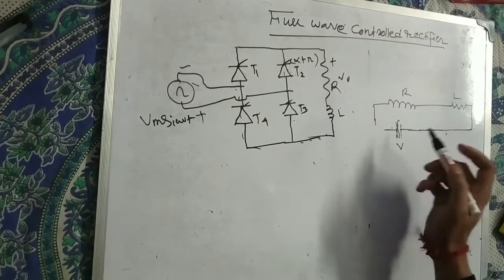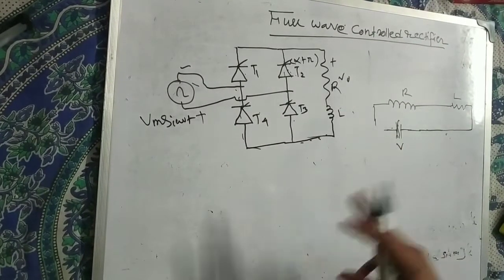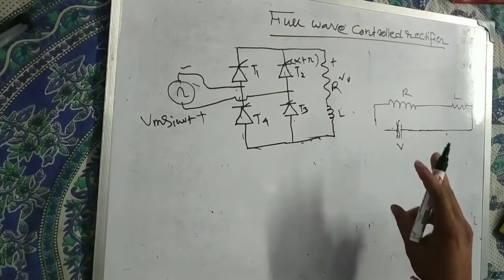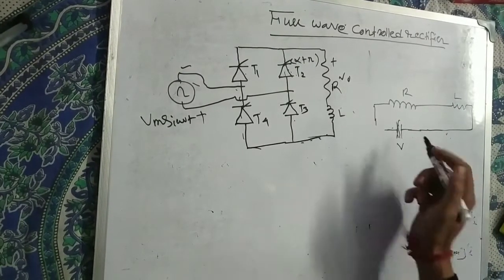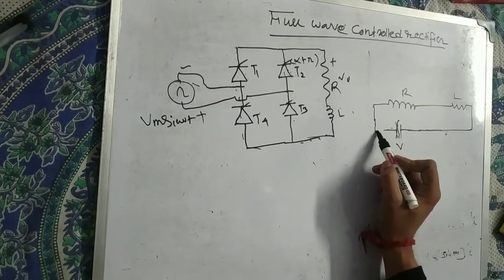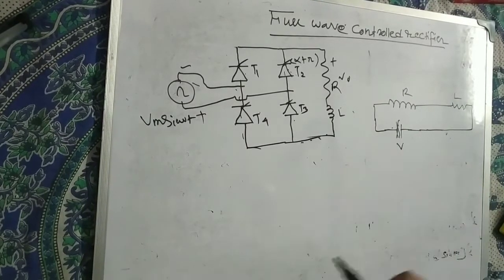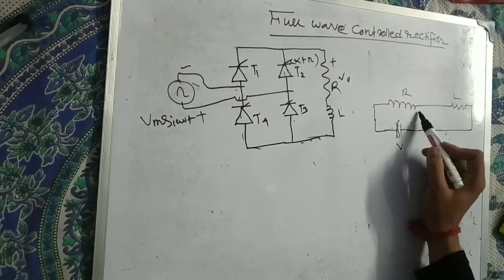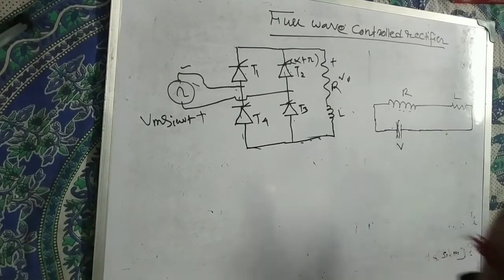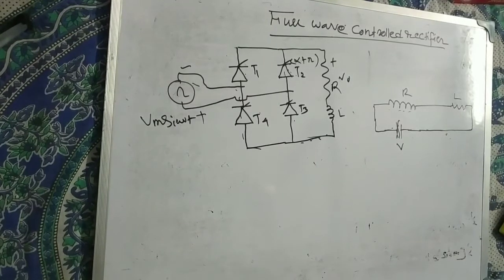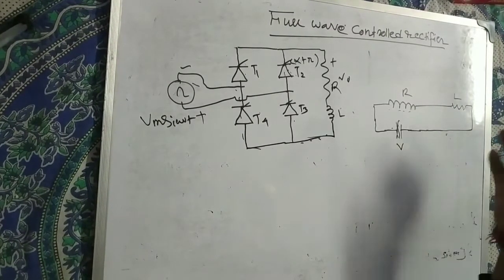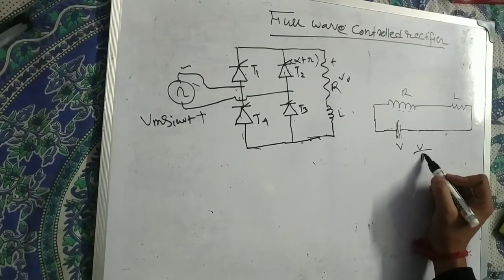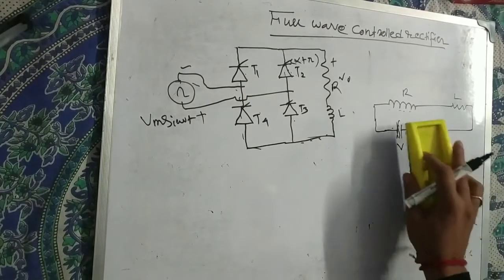At steady state, the inductor acts as a short circuit for a DC voltage. So if you switch on the circuit, the inductor current at first, at t equal to 0, will be zero, and at steady state the current will be V by R.